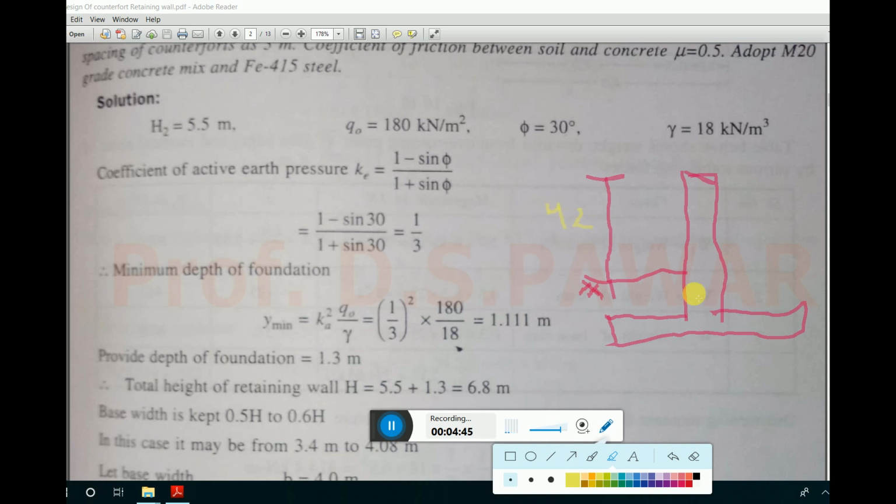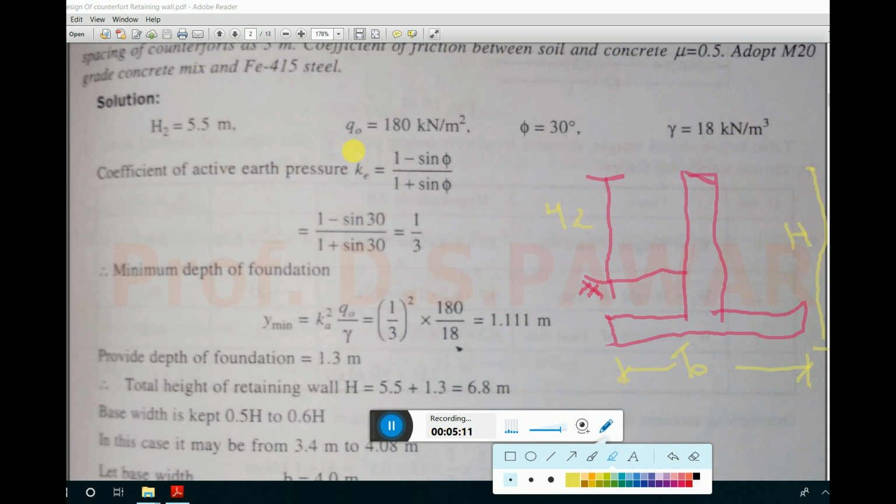This is H2 we have considered, and the total height we have considered as H, and the width of the retaining wall we have considered as small b.